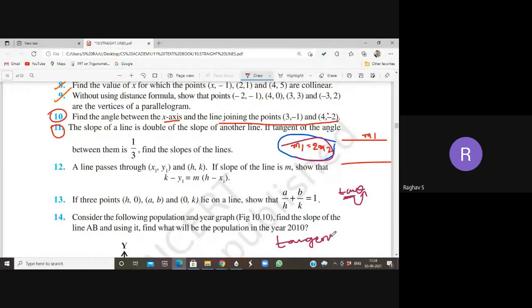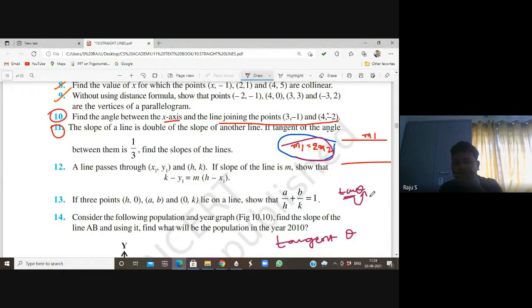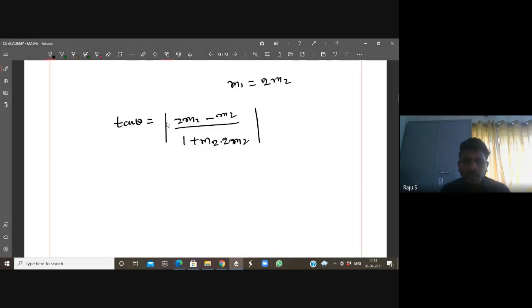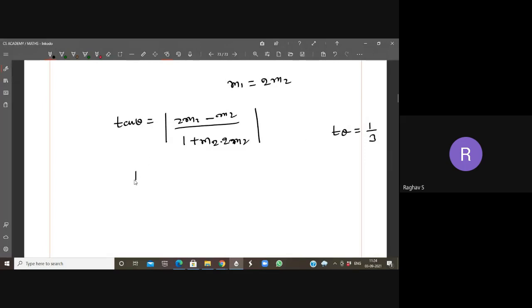Actually we need to write tangent of theta, but in a simple way we write tan theta. So this tan theta value they have clearly given as 1 by 3. So 1 by 3 equals plus or minus, since we can take the modulus. We can square both sides and remove the modulus.